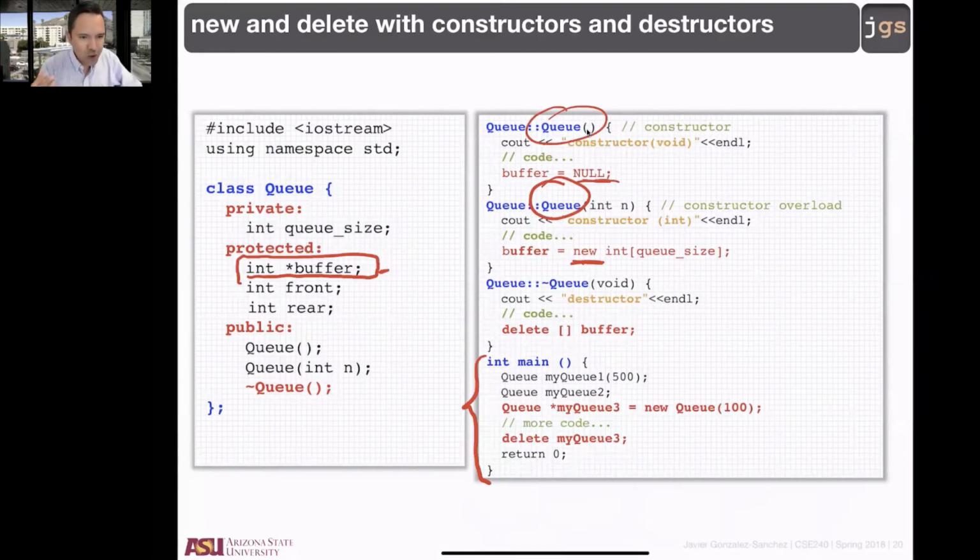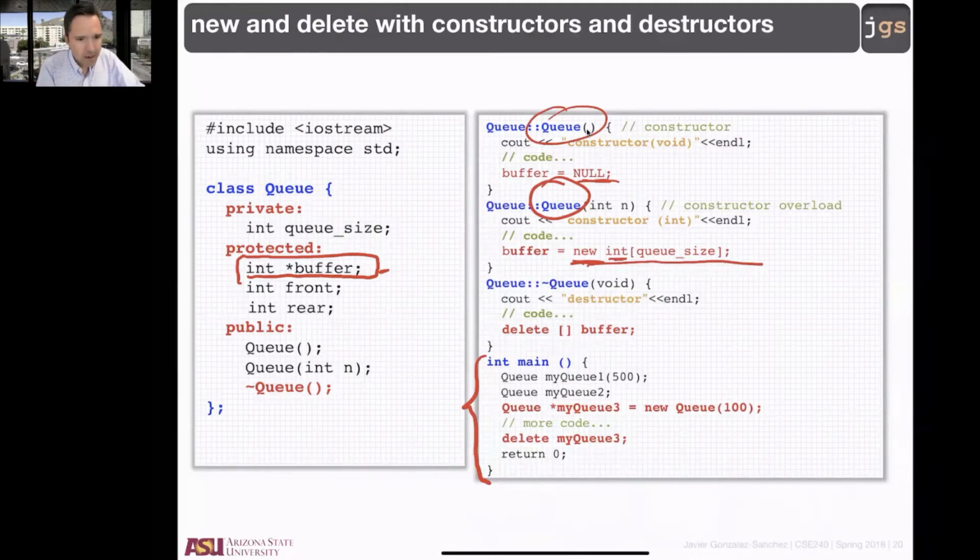The constructors are for giving value to your pointers. Any pointer in your class should receive a value in the constructors of the class, either null, because it's going to be empty, or new something. This one is an array, new integers, and the size. Did you notice that this looks like Java?